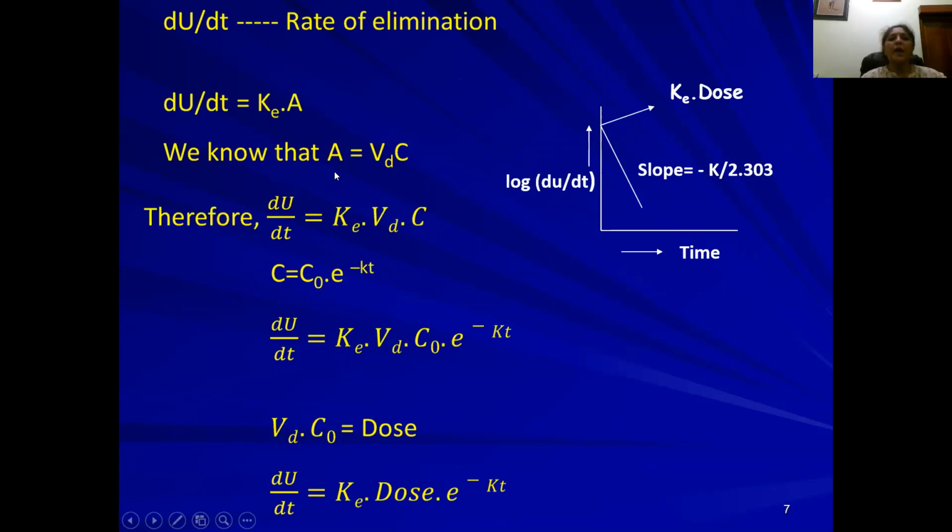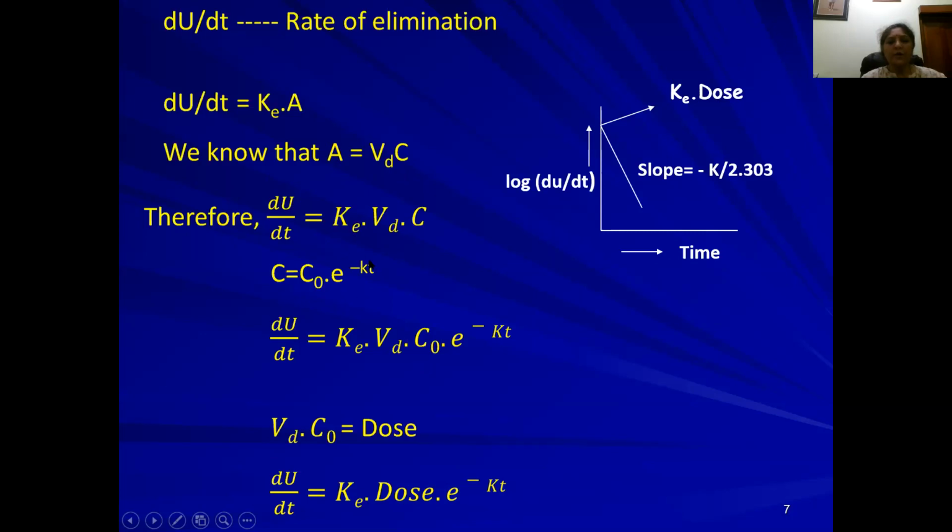We know that A is equal to Vd into C, where Vd is the apparent volume of distribution and C is the plasma concentration. So substituting for A, dU by dt is equal to Ke into Vd into C. We also know that C is equal to C naught into e to the power of minus Kt.